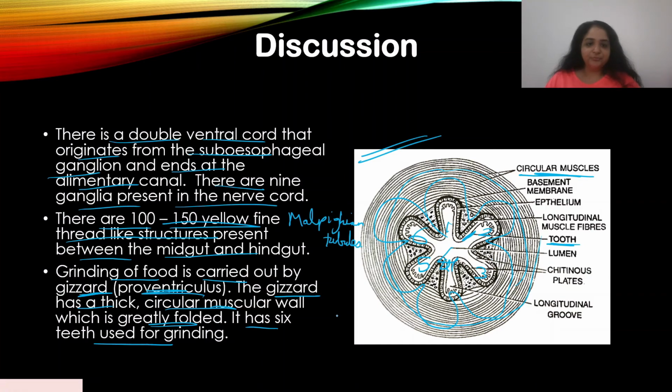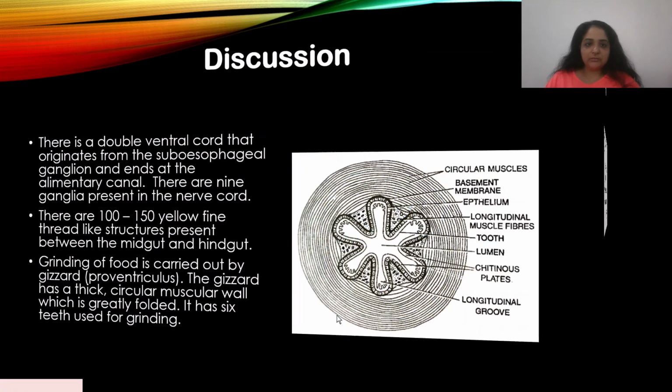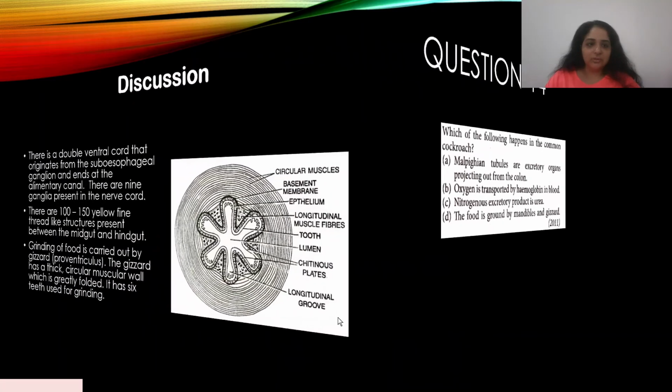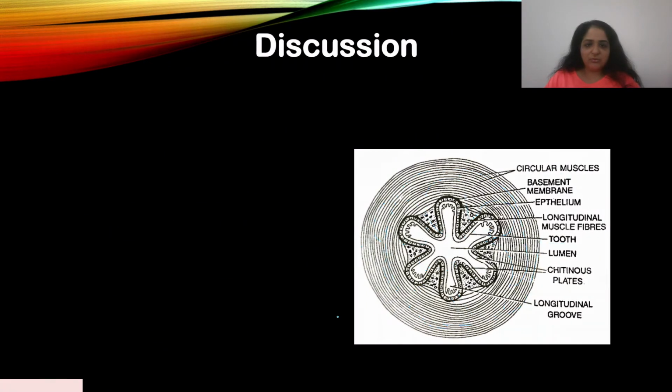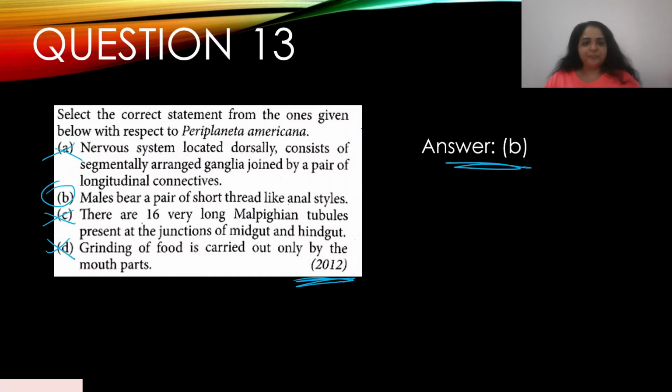All right, I guess this answered the question. So apart from the mouth part, yes, the gizzard also plays a role. Clearly, but over here B was the right answer.